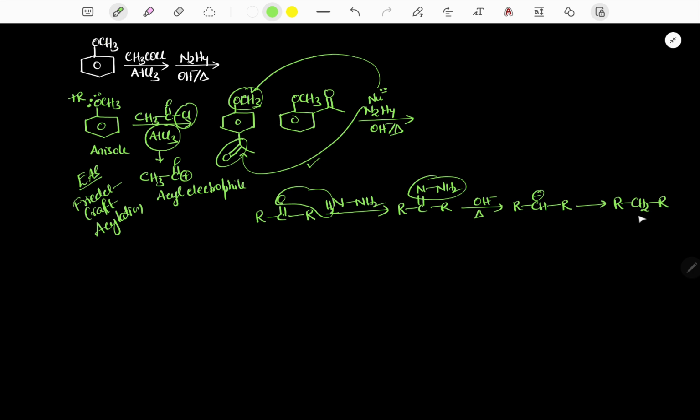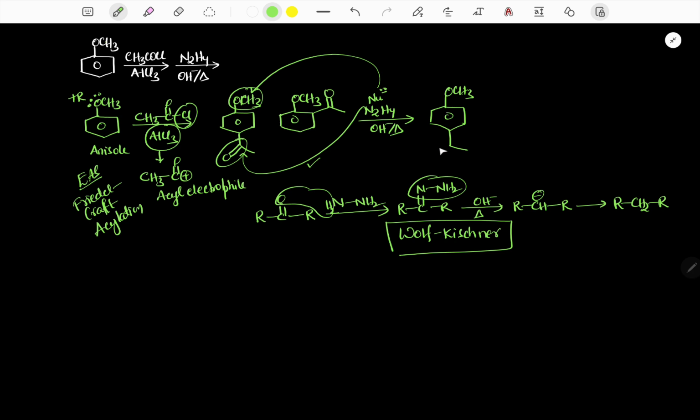So the CO group is converted to CH2. This entire reaction is known as Wolff-Kishner reduction. Therefore, here the keto group will be reduced to alkane.